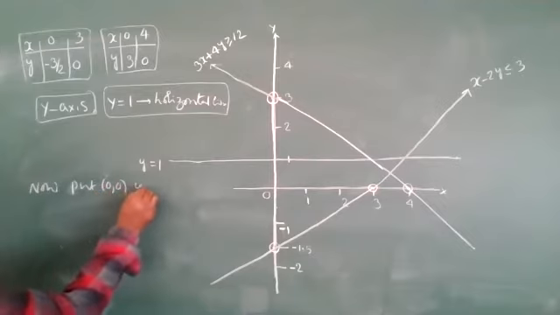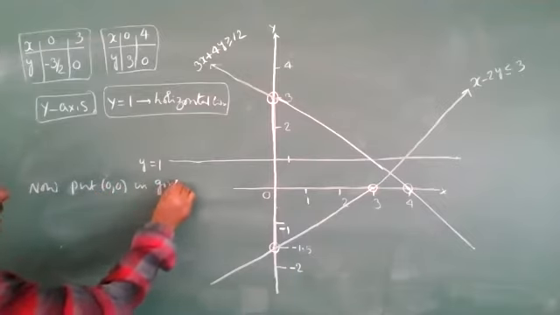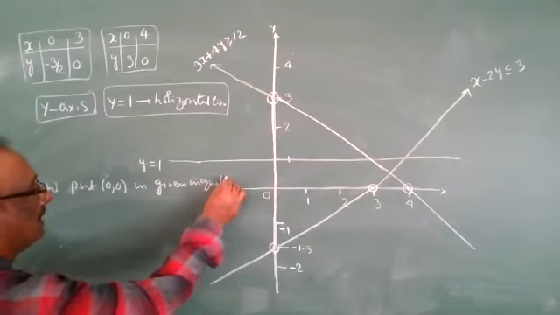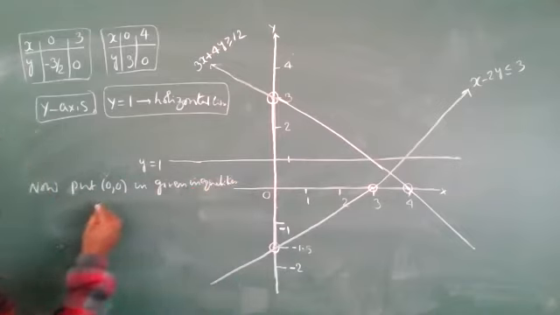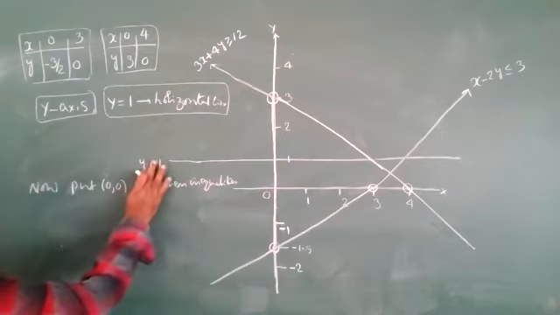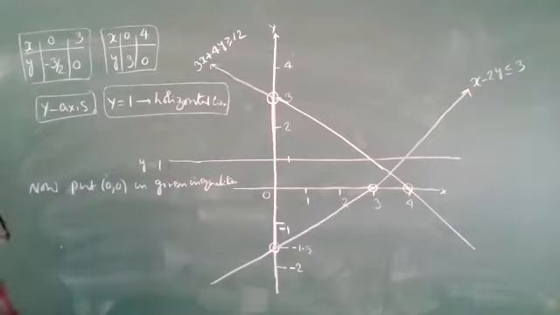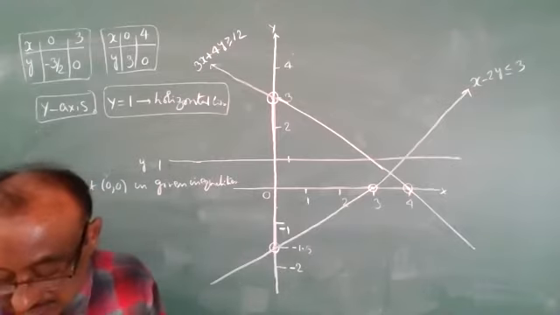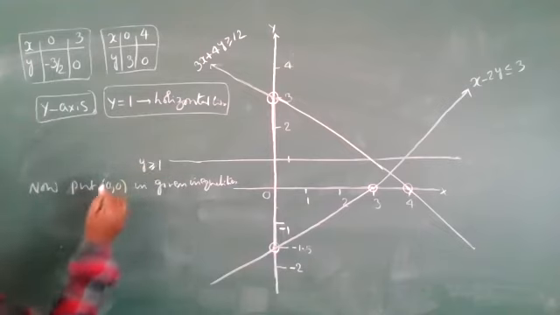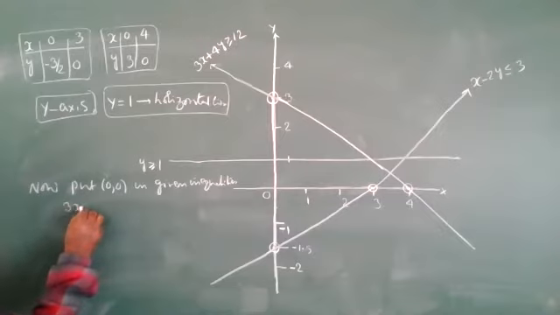In the given inequalities. What are the given inequalities? Write them down. Everyone see the given inequalities. The first equation is x minus 2y less than or equal to 3.